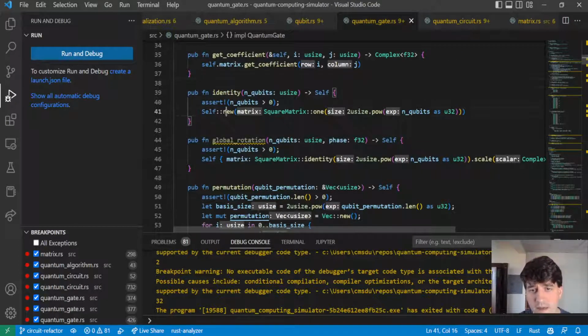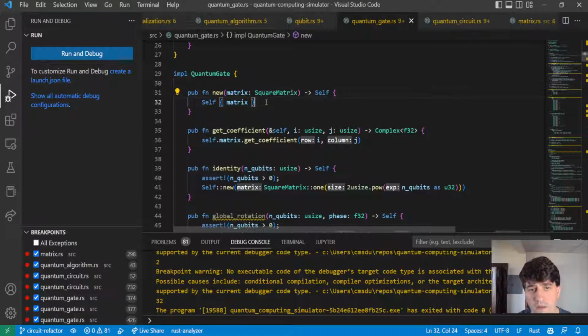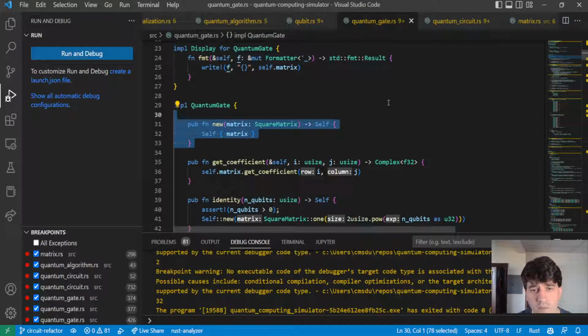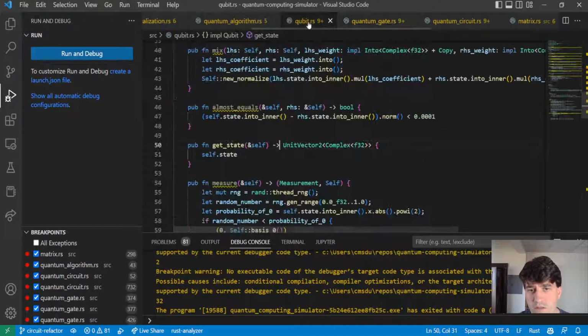So why is that? Okay. It's slow because when we construct the identity, we're using... Oh, is it? Self matrix, square matrix.